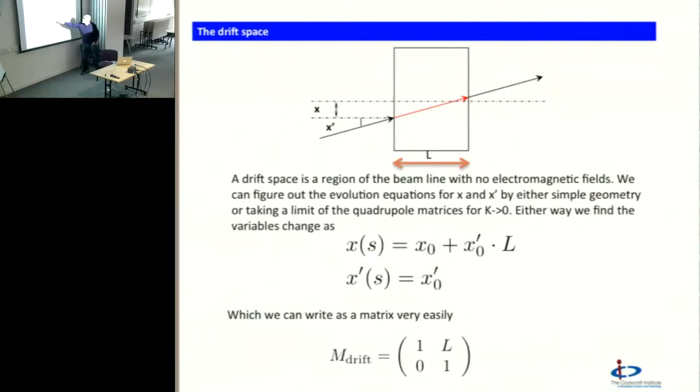So the angle doesn't change, it comes out the same in a drift, but the position changes by the product of the length of the drift and the angle, which we can write as a matrix, dead easy. So we have just a matrix with a 1, an L, a 0, and a 1. So that's our matrix for the drift.